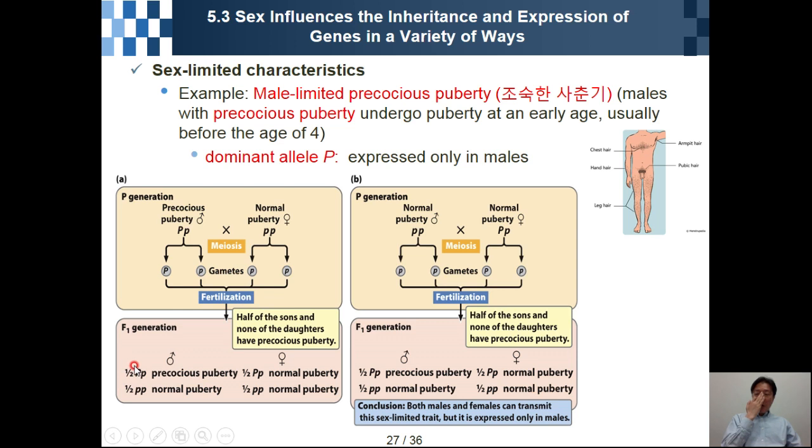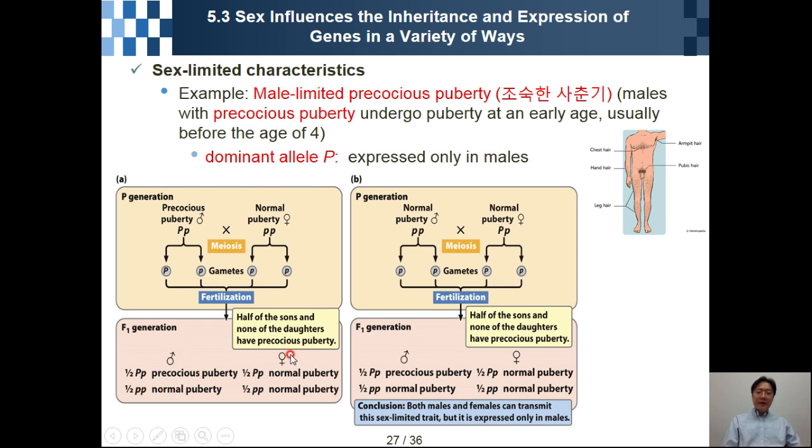So 1 out of 2 will have the large P, small p, and 1 out of 2 will have small p, small p. In these cases, the male will have the precocious puberty because the large P is dominant and small pp is normal puberty.